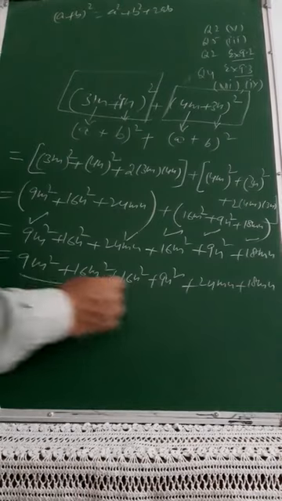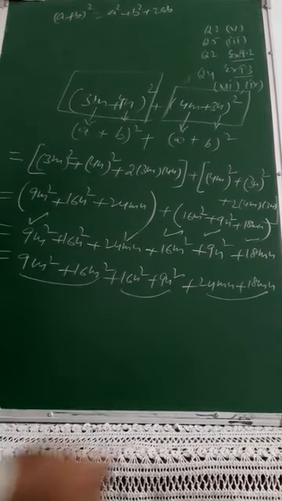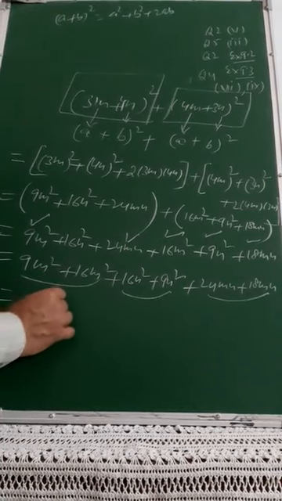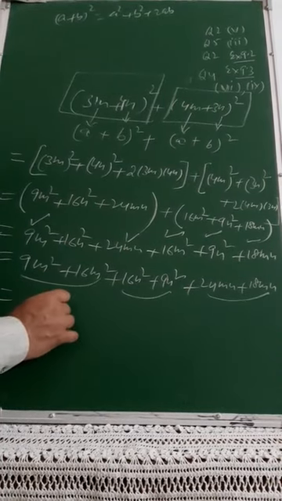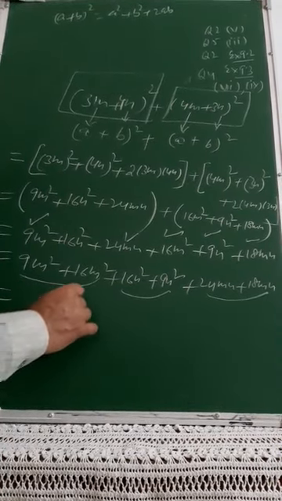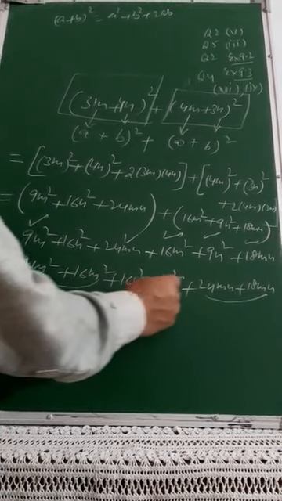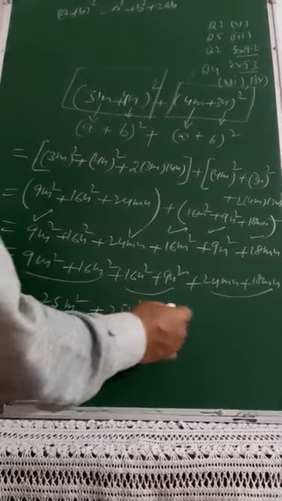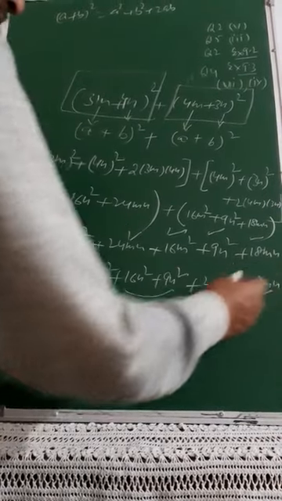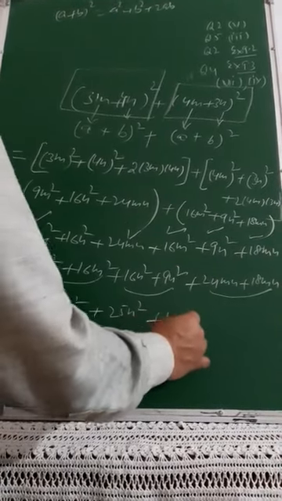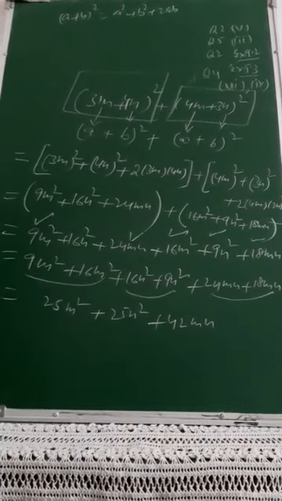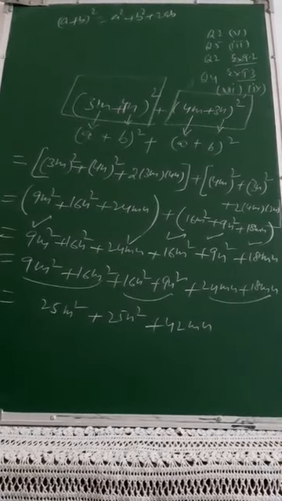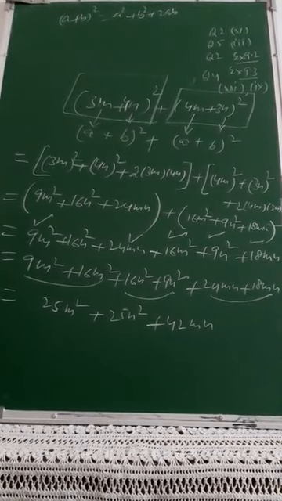Now these two are like, these two are like, and these two are also like, so we can add these. 9 plus 16 will give you 25m square. Again 16 plus 9 is 25n square, and 24 and 24 is 48mn. So here you can leave your answer: 25m square plus 25n square plus 48mn.